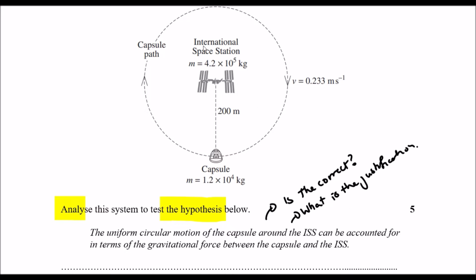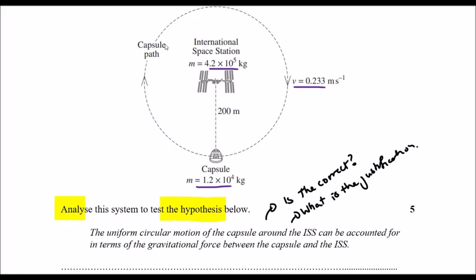In this case here, you can actually see they've given you some important values. They've given you the mass of this particular International Space Station, and we have a secondary mass of our capsule. We also have the velocity as the object is going in a circular radius.